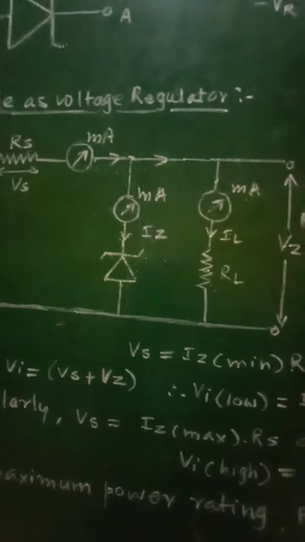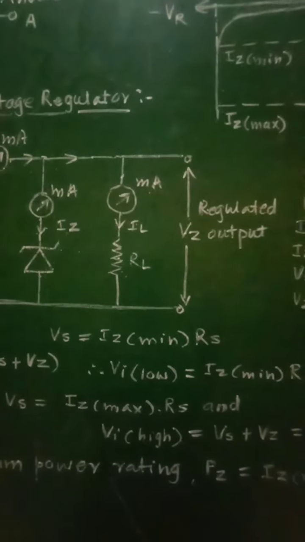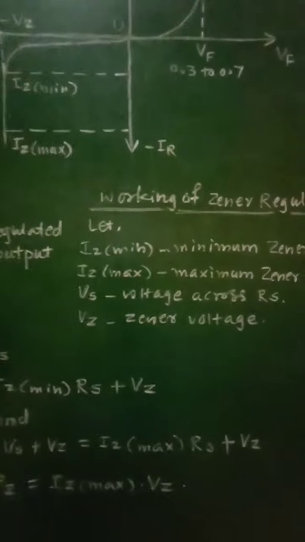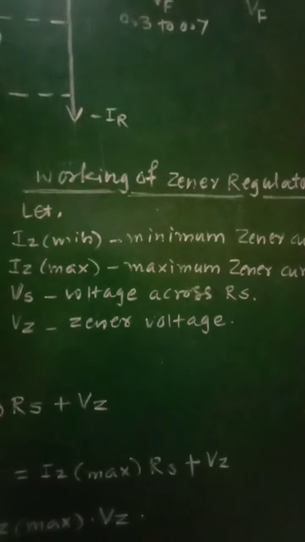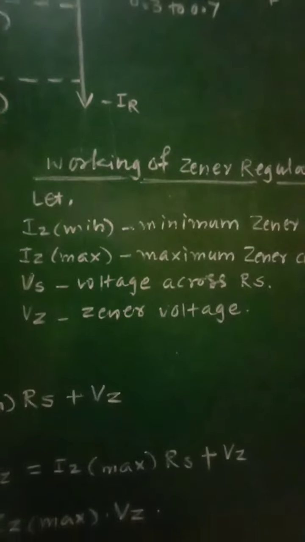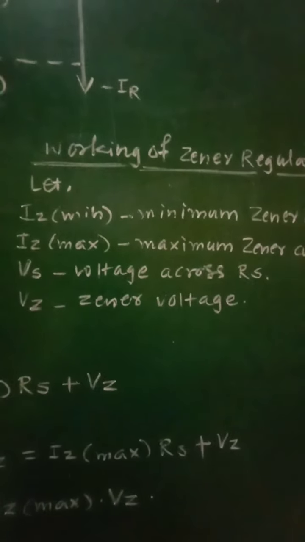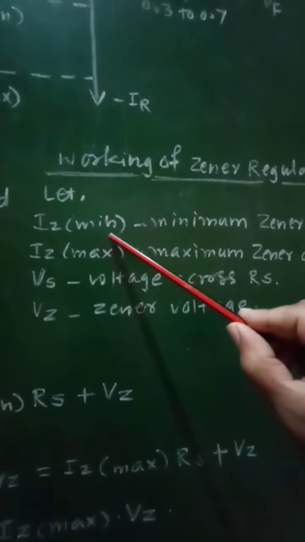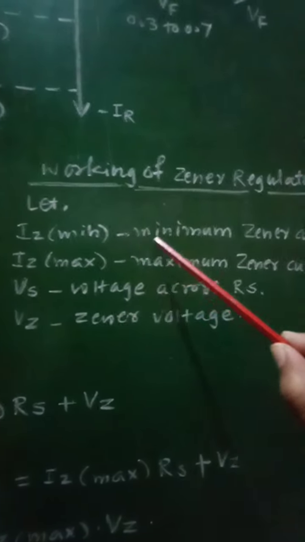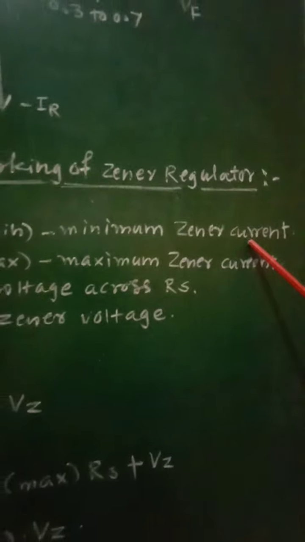Now let us see the working of the Zener regulator mathematically. For that purpose, let us consider some of the terms. Let Iz minimum represent the minimum Zener current.